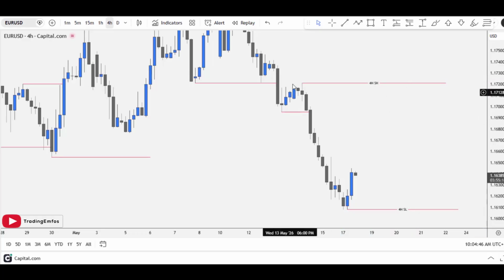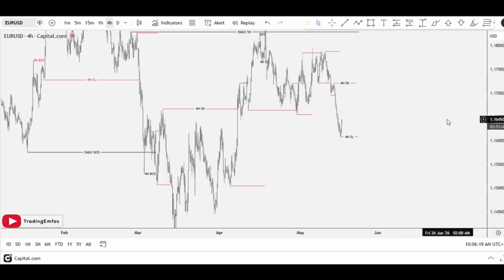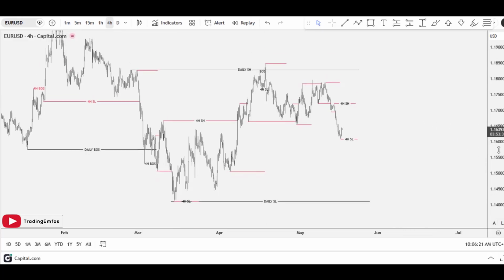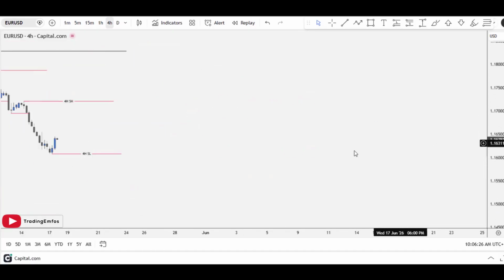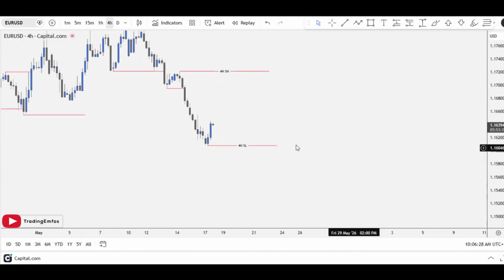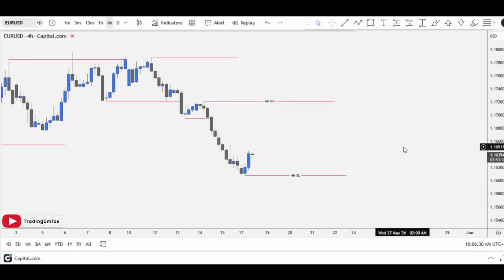So our trading range is from this range to this range. Remember, on the daily time frame the market is in a bearish trend, a downtrend, and on the 4-hour time frame the market is also in a bearish trend, a downtrend.